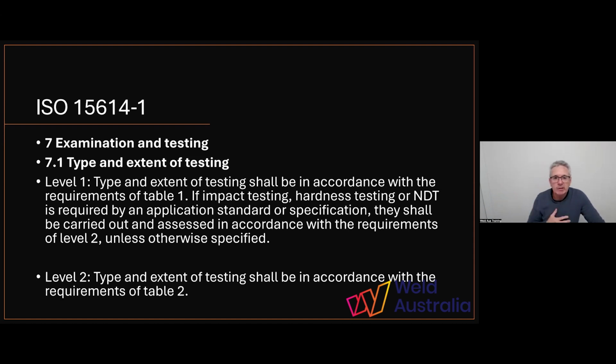So let's say, for instance, you're developing a procedure to ISO 15614-1, but you want it also to cover, let's say, level 2, for instance, where the testing requirements are higher than, let's say, fatigue purposes in structural. You can automatically be covered for that because the testing requirements are going to be much tighter, more stringent, and that will allow you to be covered for that.